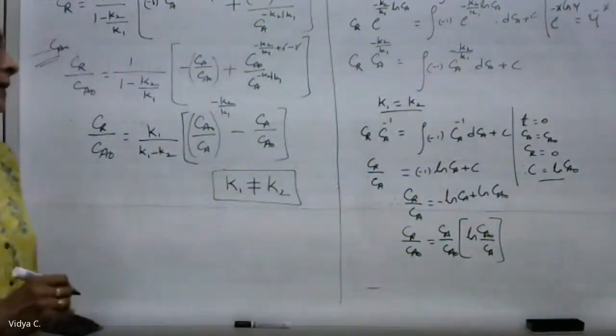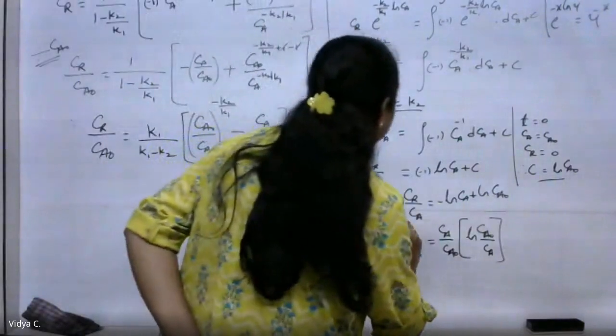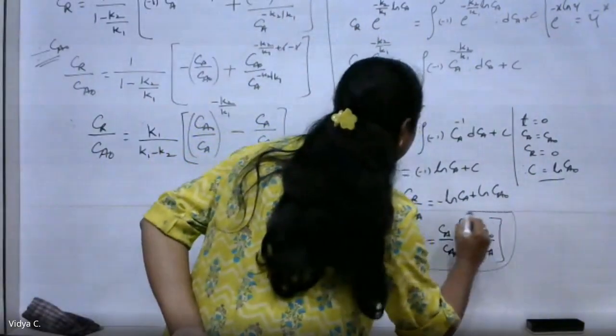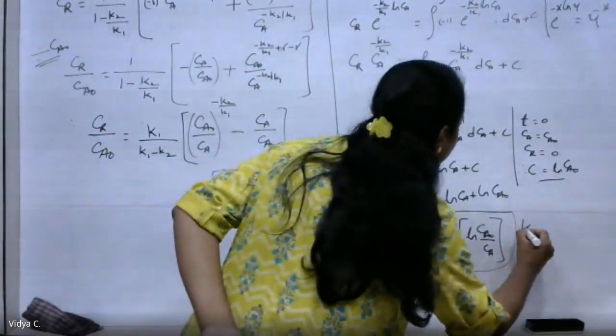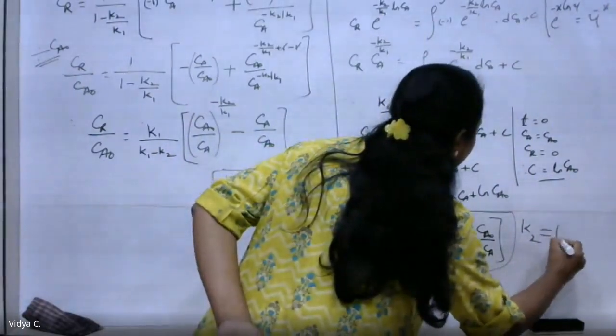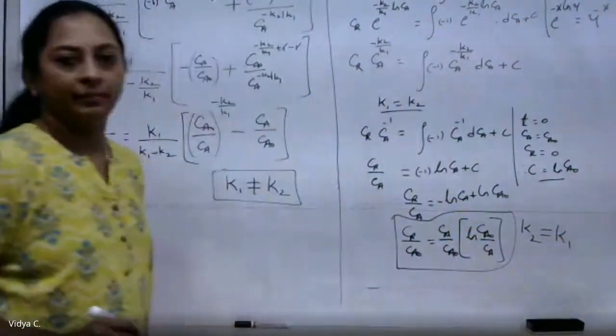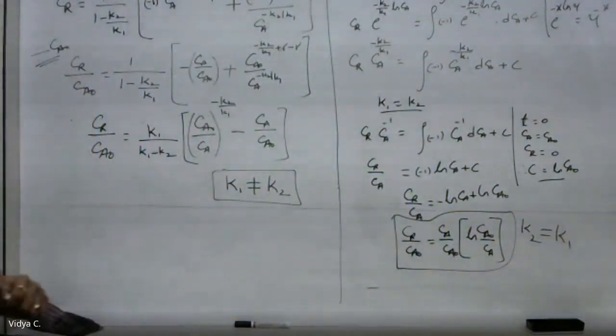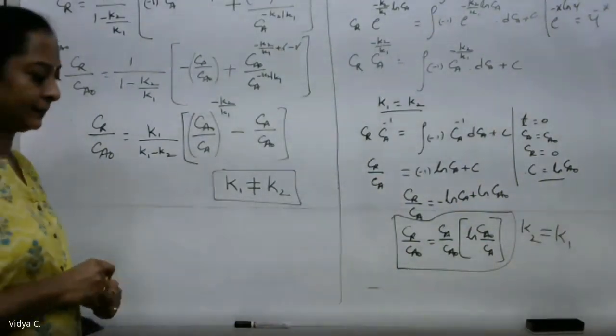That's it. So this is your equation when K2 equal to K1. Make a note of that. K2 equal to K1.